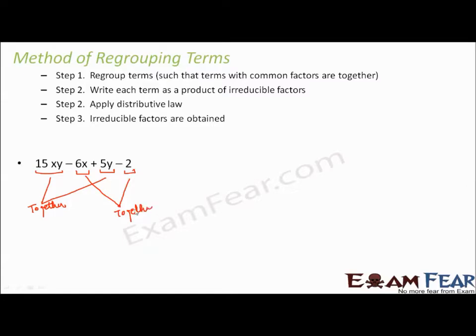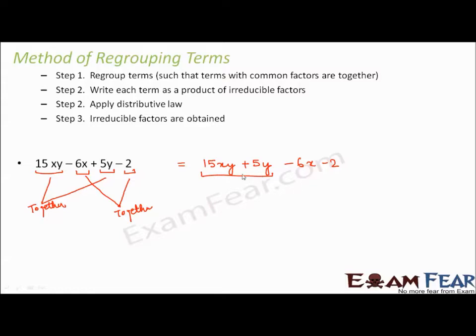This is the most important step in this method. So this can be written as 15xy plus 5y minus 6x minus 2. Now this is the first part of the expression. We will solve it exactly in the similar way as we did in type 1, the method of common factors.